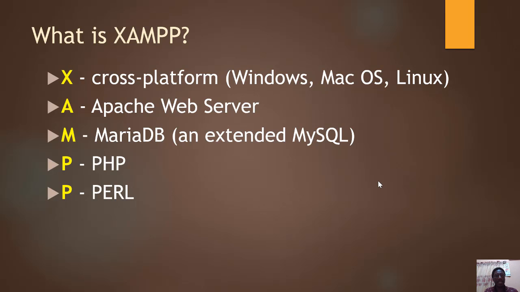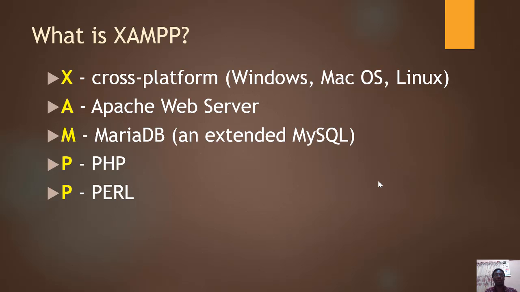All right. And the A in XAMPP is for the Apache web server. Yes, the Apache HTTP server. That is the engine room that sits on your machine to serve you your dynamic pages. Then the M in XAMPP is MariaDB.